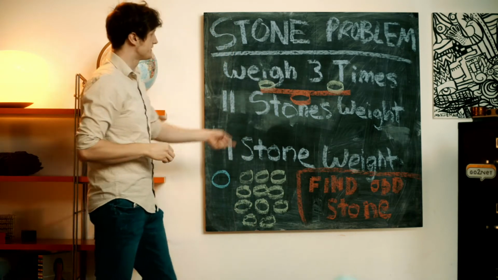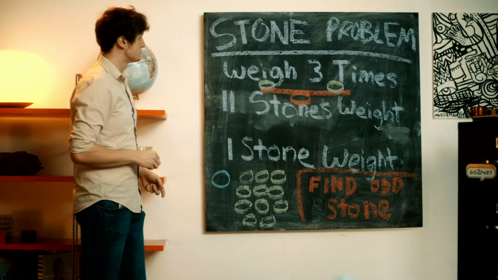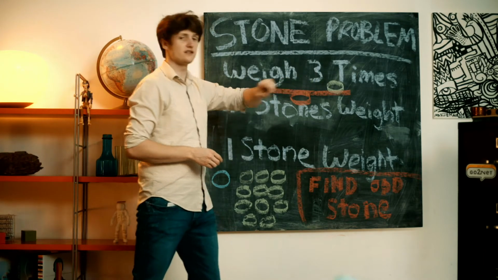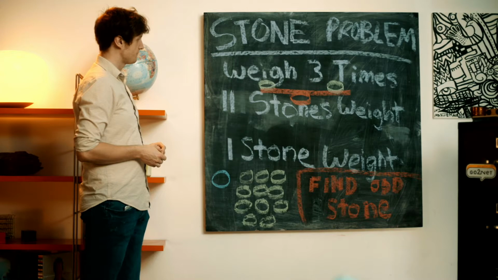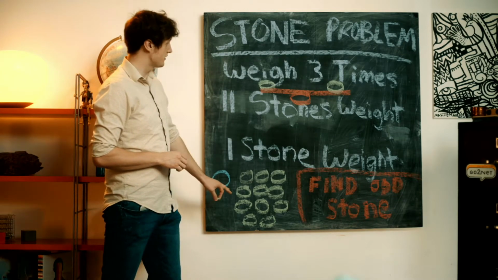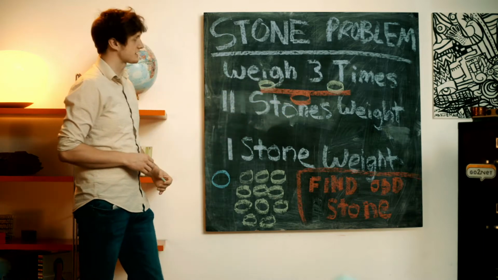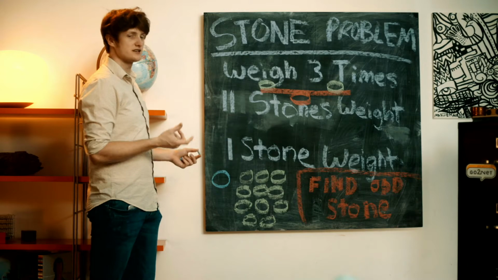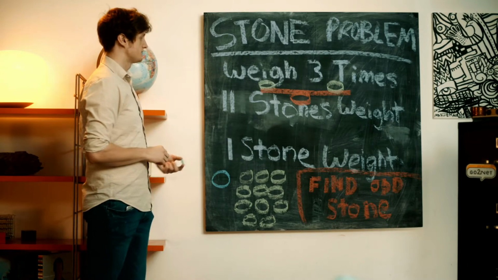Then it would be balanced, right? So we can weigh the stones against each other. That's what I mean when I say we can weigh. Of course, although this rock is heavier, it's going to look the exact same as the other rock, so we can't tell just by looking at it.